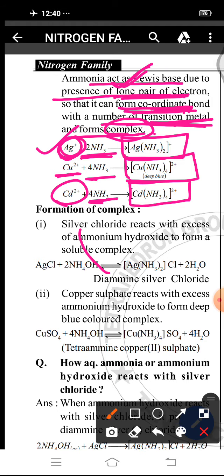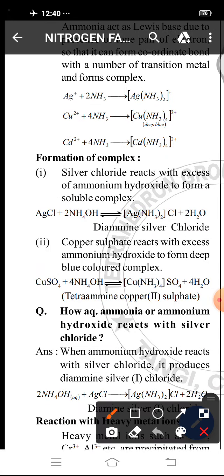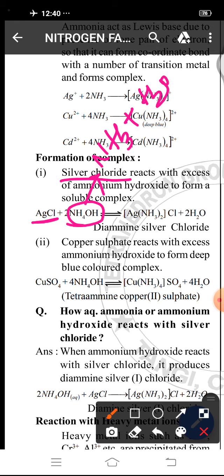So see the equation. When silver chloride reacts with ammonium hydroxide, the ammonium hydroxide is formed by reaction of ammonia with water.